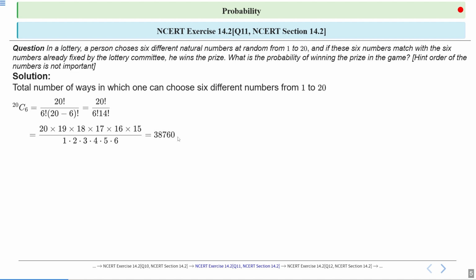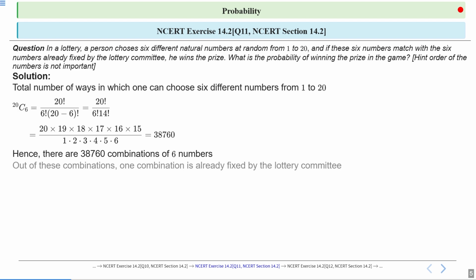So the total number of ways in which one can choose 6 different numbers from 1 to 20 is 38,760. Hence there are 38,760 combinations of 6 numbers. Clear?